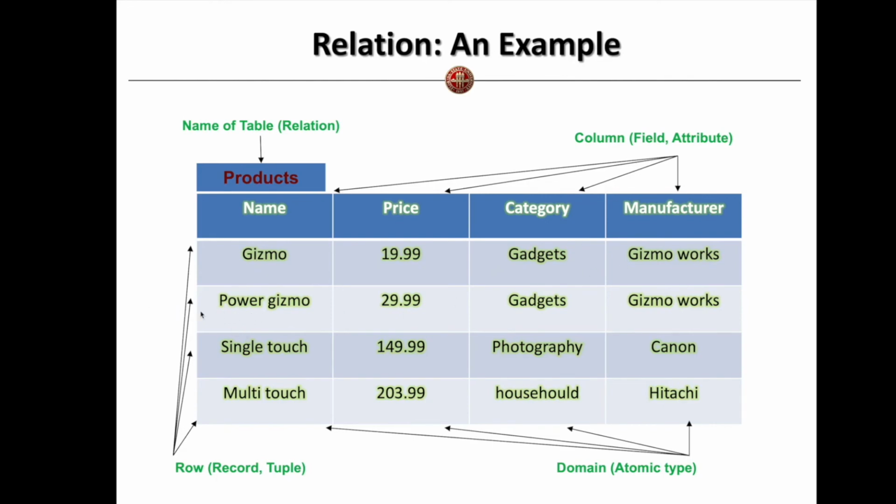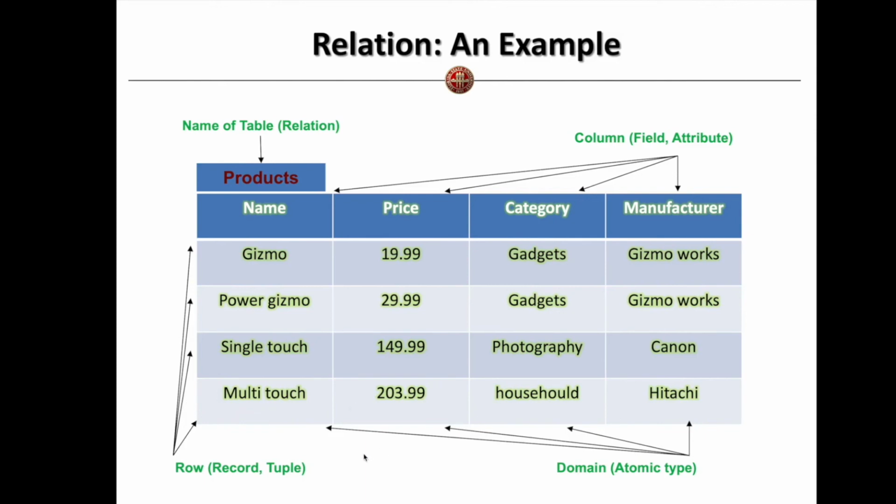It denotes the PowerGizmo instead, and it has a different price, the same category as the first one, as well as the same manufacturer. And the third row denotes the third product. It is SingleTouch from Canon, and it has a price, a category, and a manufacturer. And the last one will be another product, the MultiTouch, from Hitachi.